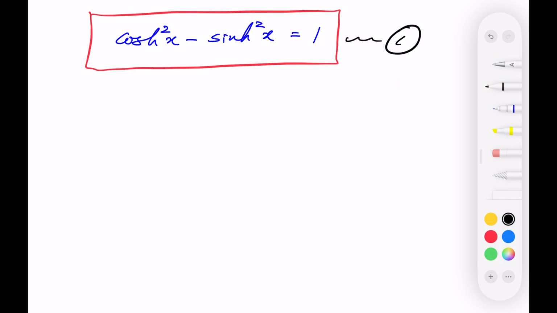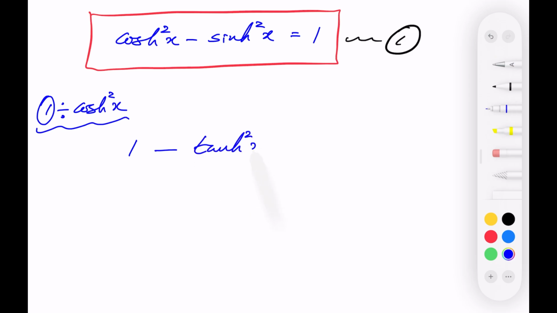What I'm going to do next is this equation number 1, I'm going to divide that by hyperbolic cosine squared x. When I do that, the first term is hyperbolic cosine squared x divided by hyperbolic cosine squared x, which is just a 1, minus the second term is hyperbolic sine squared x. When that's divided by hyperbolic cosine squared x, that term becomes hyperbolic tangent squared x.